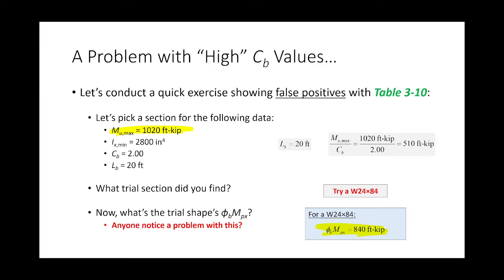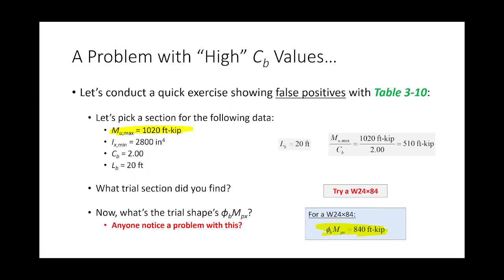What did I tell you from day one about flexural capacity? I don't care what the equations say for the capacity. The capacity is limited to MP every time, right? And here our phi MP is less than the factored moment. This is a false positive, okay?